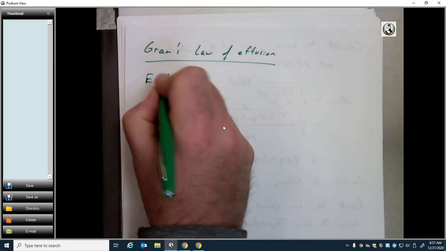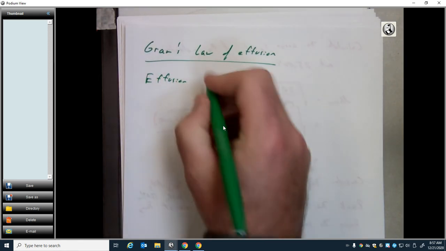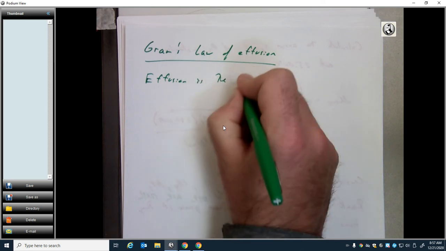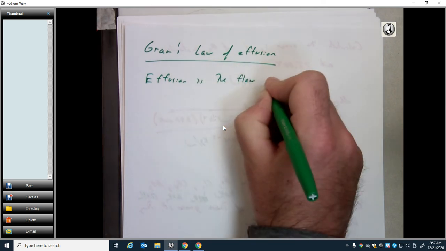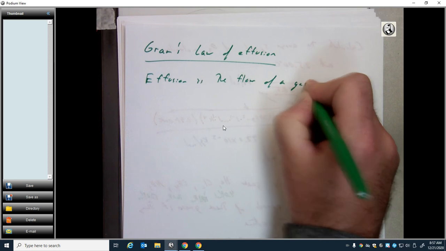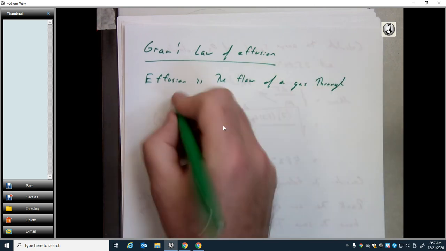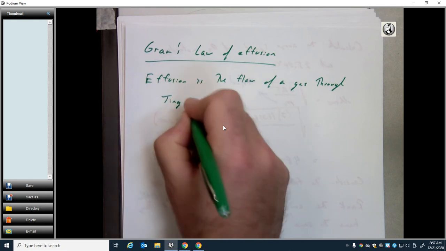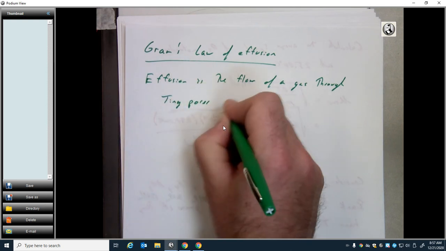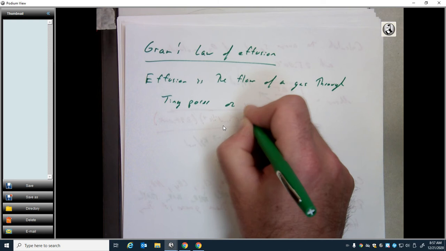Effusion is the flow of a gas through tiny pores or pinholes.